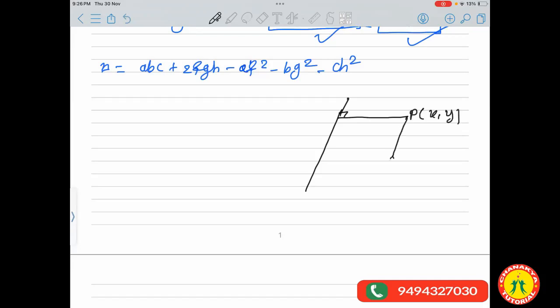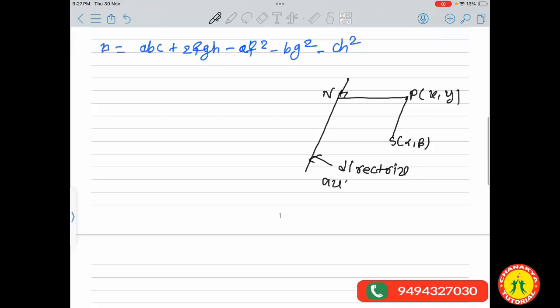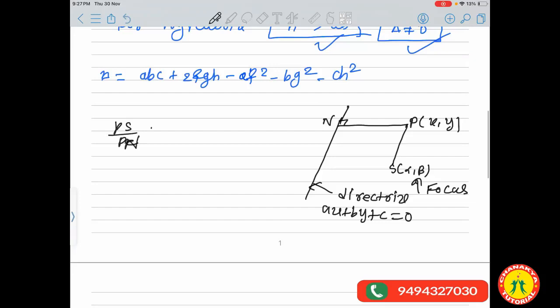Now the fixed point, that is the focus, is (alpha, beta), and this is S. This is a directrix line, let it be ax + by + c = 0. Directrix line का equation मैंने मान लेता हूँ. And this is the focus, right? So PS upon PN is equal to e. PN is the perpendicular distance from point P to the directrix line, right?